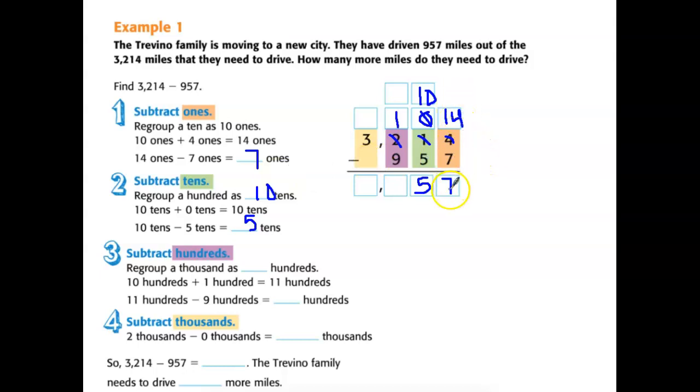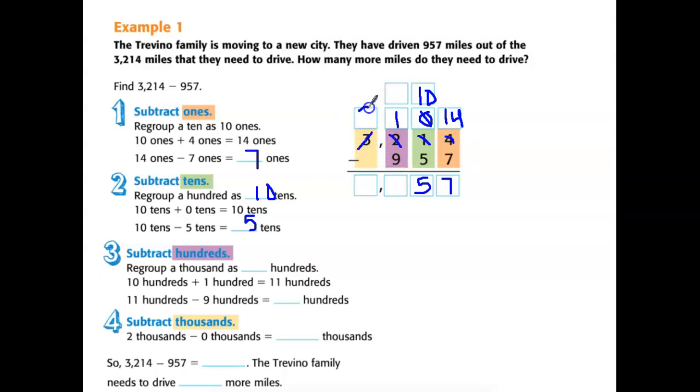So I've done my ones place value. I've done my tens place value. Now I'm at my hundreds. Well, I've got 1 minus 9. Again, can't do it. So what do we do? Well, we need to go to the thousands, and we're going to take one of them and regroup it.